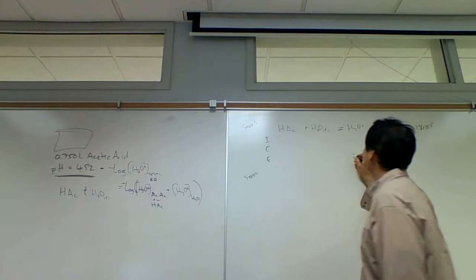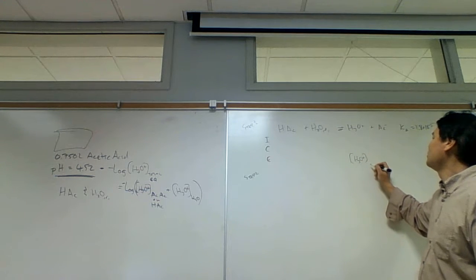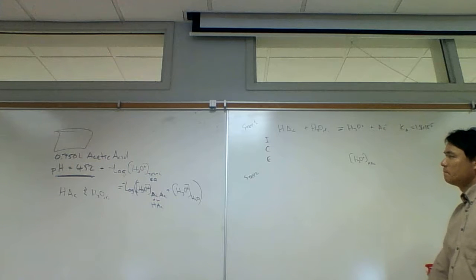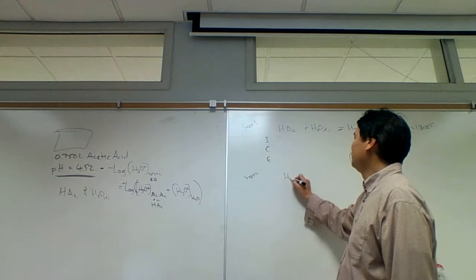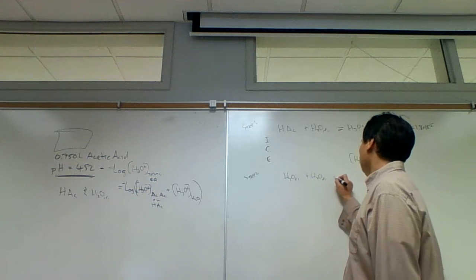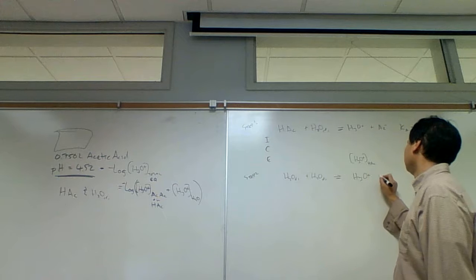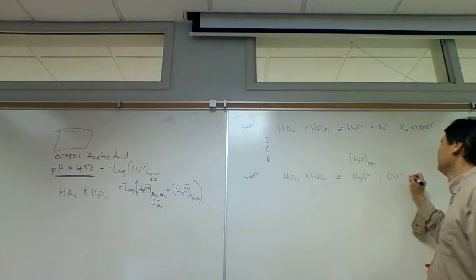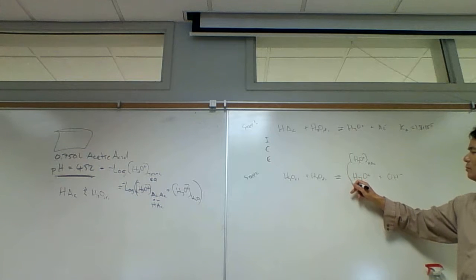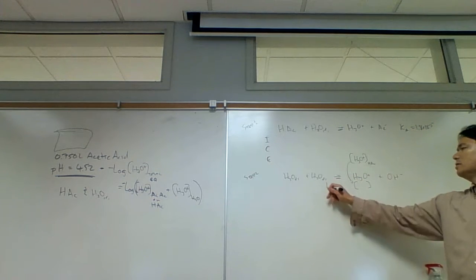In step 1, we're going to generate some hydronium at equilibrium. This is the hydronium that we get from acetic acid. Then step 2 will be H2O liquid plus H2O liquid, which gives us hydronium and hydroxide. The hydronium produced in step 1 goes down here as the initial amount.